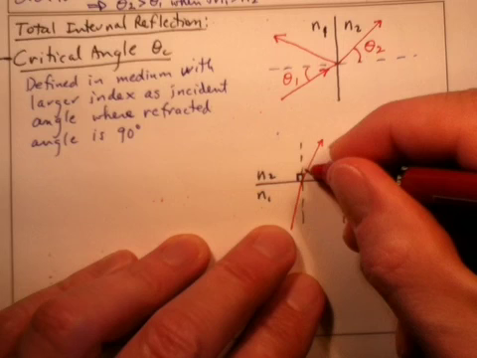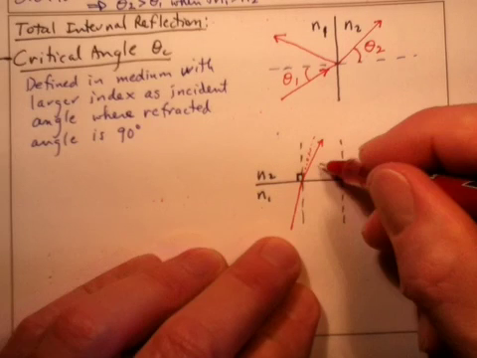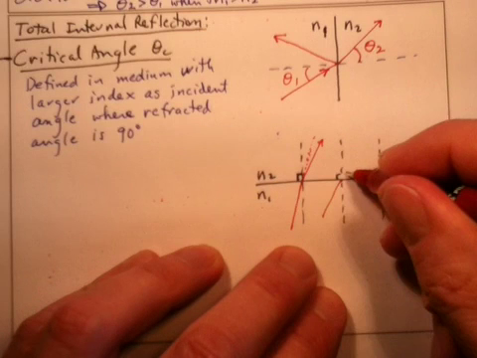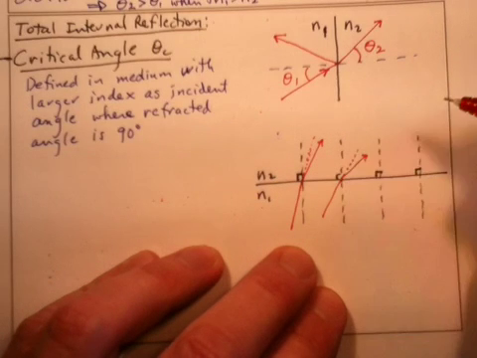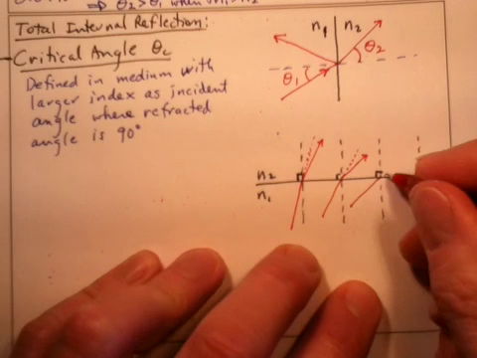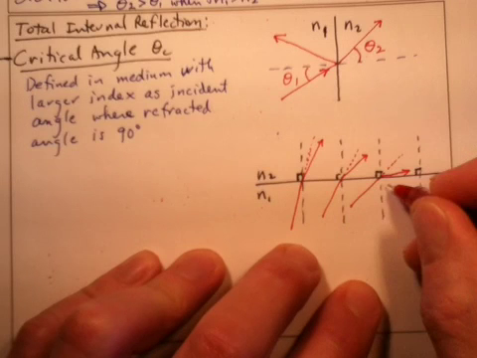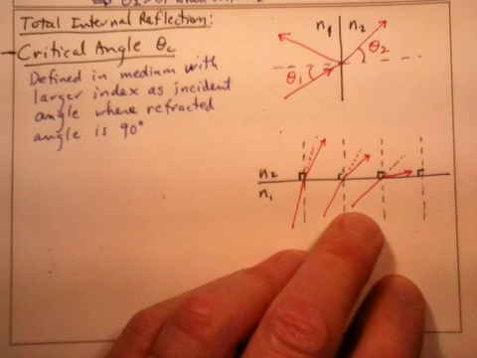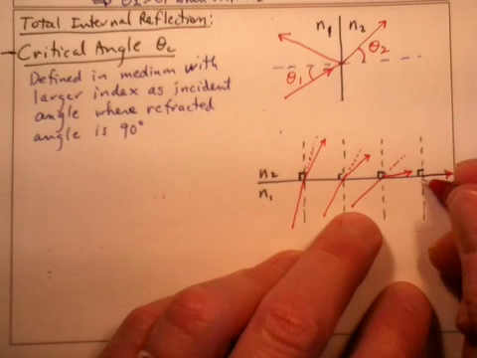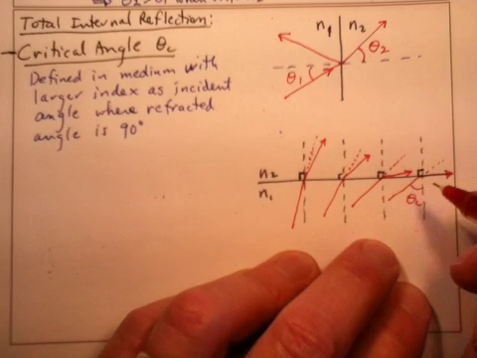So here's the continuation of that ray, and here's the bent ray. As theta 1 increases, instead of going straight, it's bent further. As theta 1 increases further, the bent ray eventually hits 90 degrees, and when that refracted ray hits 90 degrees, then this incident angle is the critical angle.